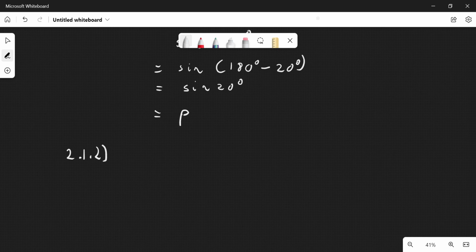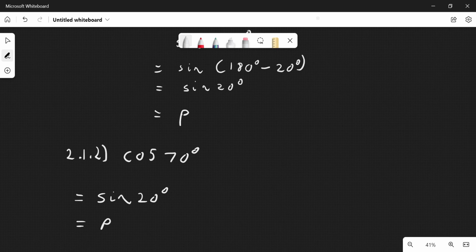It says find cos 70 degrees. So immediately when I see 70, your mind should be ringing bells, because I know 70 is complementary to 20. So I know that cos 70 is equal to sine 20, which is what we know, and we know that's p. All right. Okay, so that's these ones.